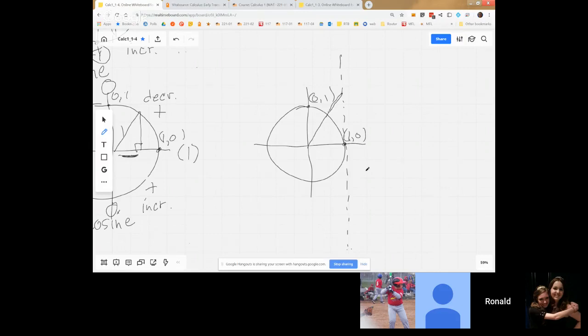This length from here all the way up there, from the origin all the way up there, that's the length of the tangent. So at 0 degrees, I'm sorry, I apologize, we need to redo something here. The tangent is this length right here.